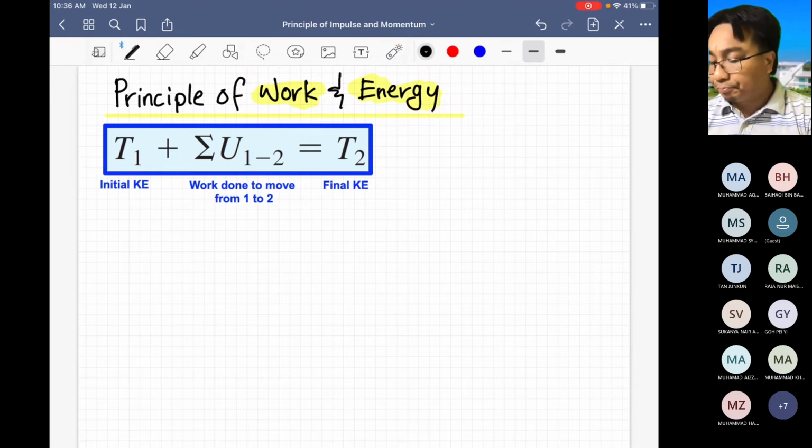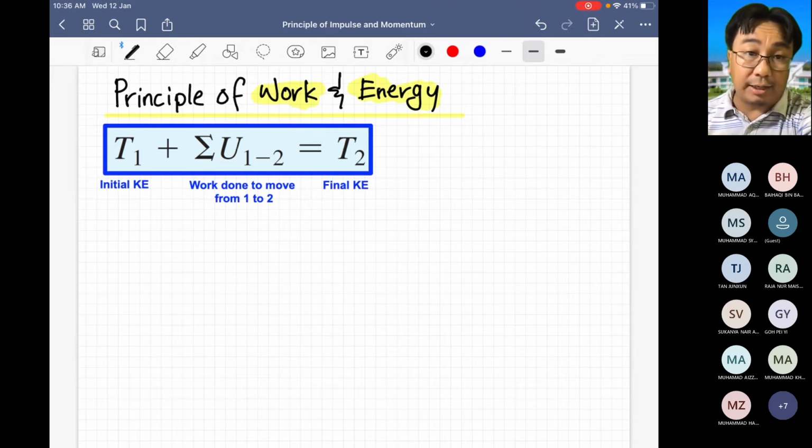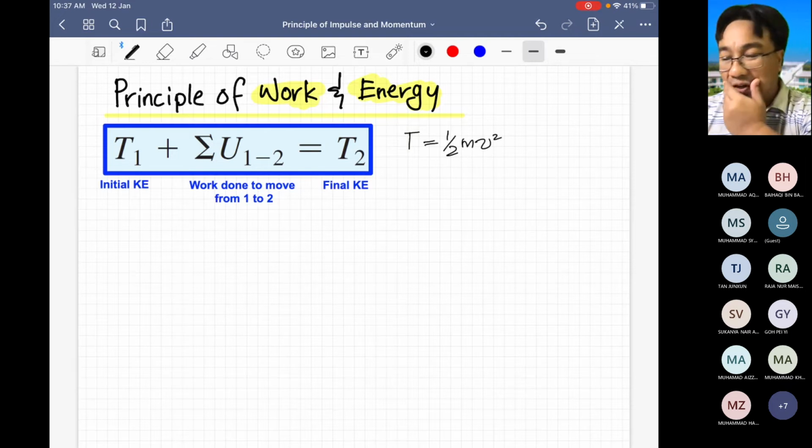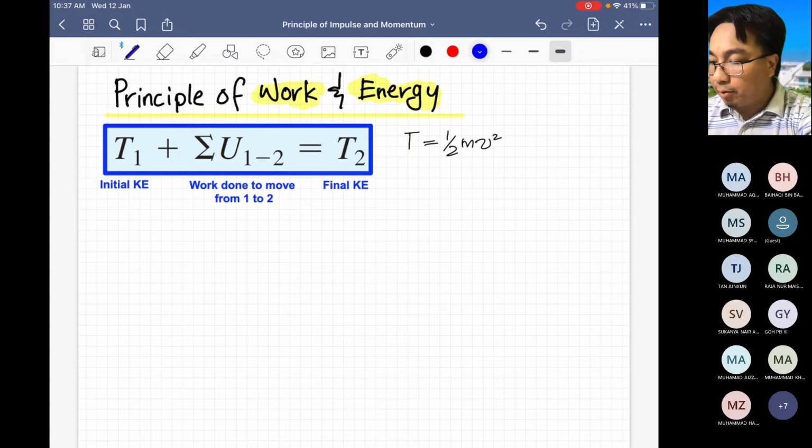In the principle of work and energy, we have the initial kinetic energy T1 plus the total work done to move from 1 to 2, the total U, is equal to T2. T1 we have learned before: kinetic energy T is equal to 1 over 2 mv square.